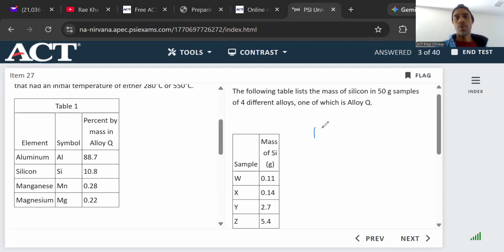Of 50, sorry. 10% of 50 is equal to what?